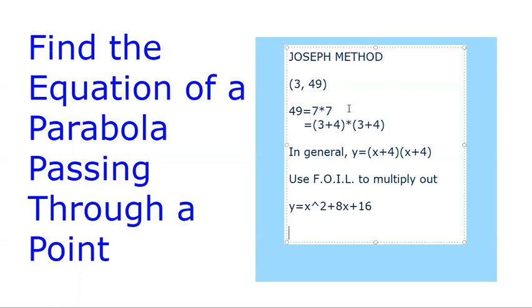Okay, so I want to check and make sure that I have indeed come up with an equation that will satisfy the point (3, 49). So I will check it by simply putting in the actual values.